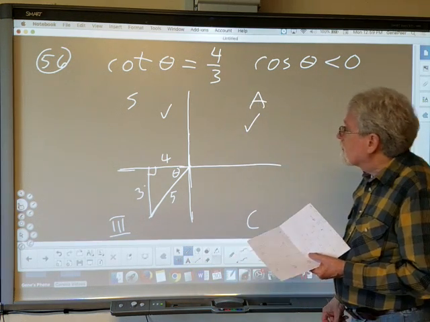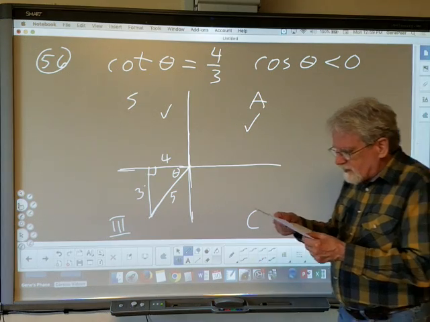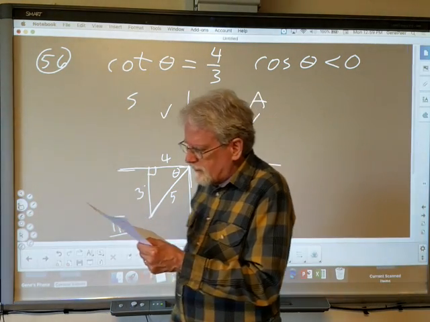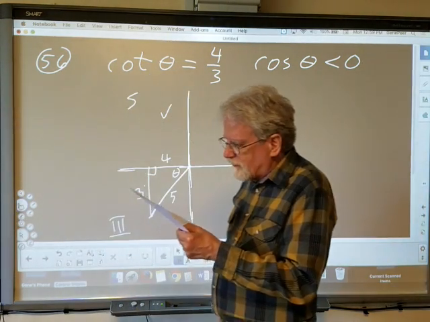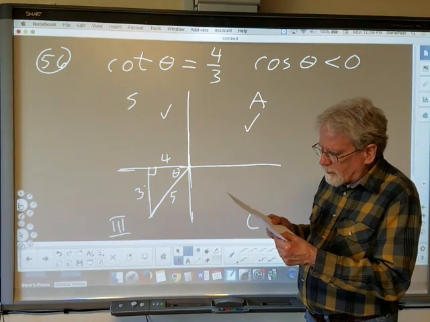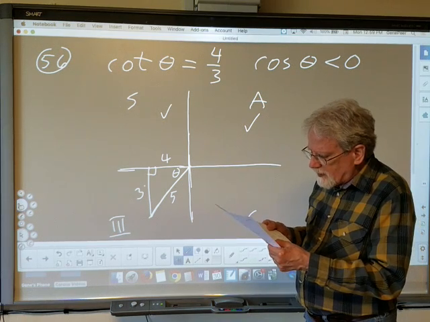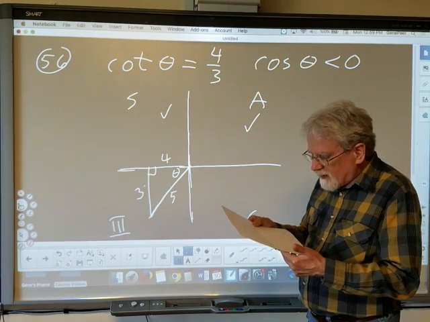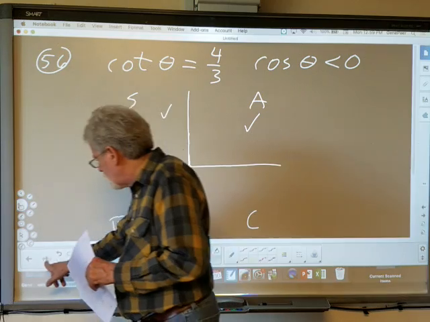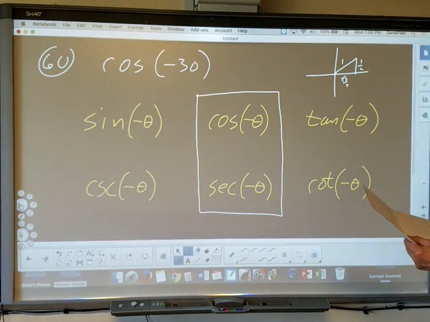I have no idea. Okay, so from there you can find all the remaining functions. Your answers are sine is -3/5, cosine is -4/5, tangent is 3/4, cotangent is 4/3, secant is -5/4, and cosecant is -5/3. Now we move on to number 60 and see if I can avoid any weird, careless blunders. Okay, different situation going on here.